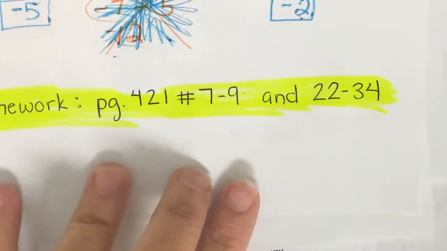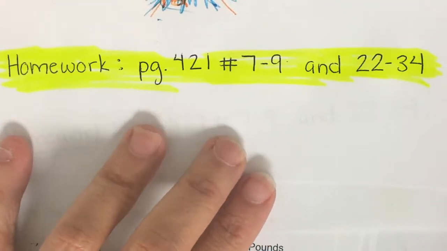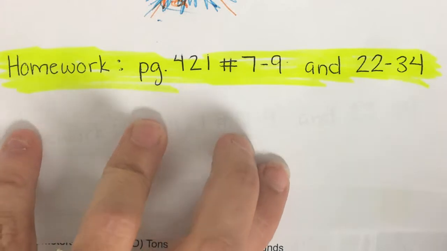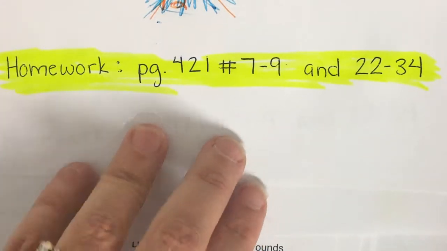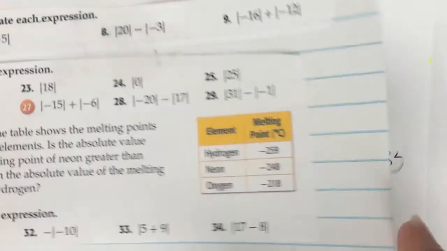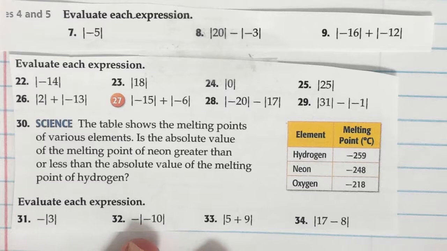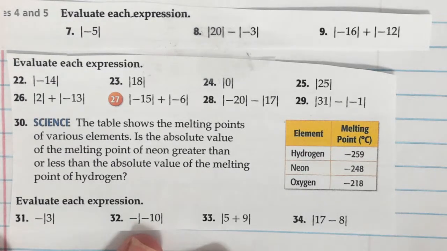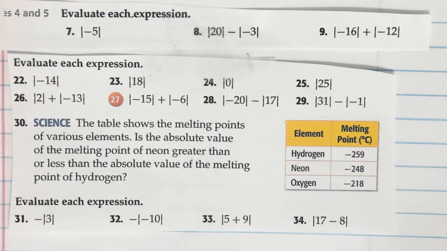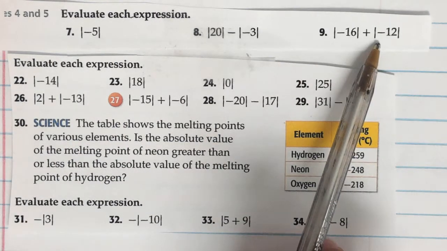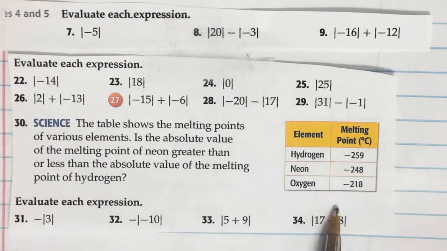Okay, it is page 421, 7 through 9, and 22 through 34. You can either do it on notebook paper, or you can do it on the back of these notes. Here we go. This is the actual page in the book. If you would like to use this, this is actually page 421, 7 through 9, 22 through 34.